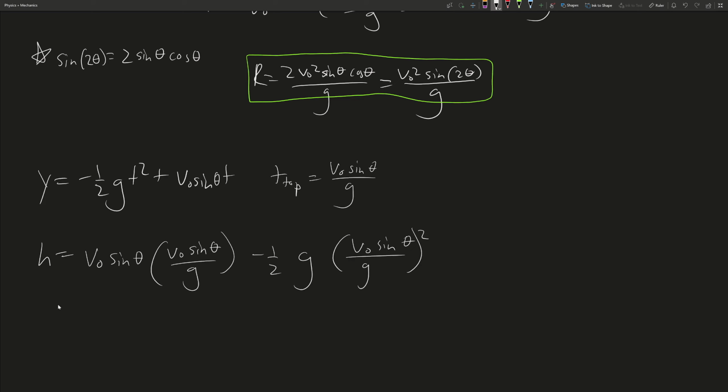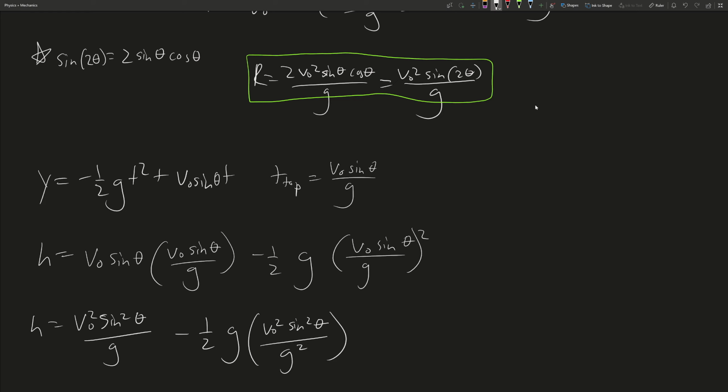And so this is equal to v0 squared sine squared theta over g minus 1/2 g times v0 squared sine squared theta over g squared. Now, you should notice that the g on top cancels with one g on the bottom.